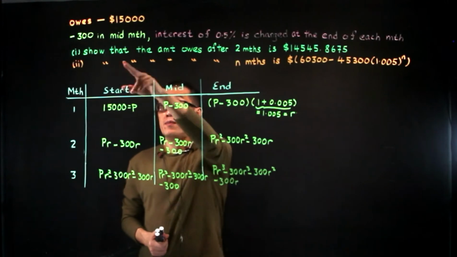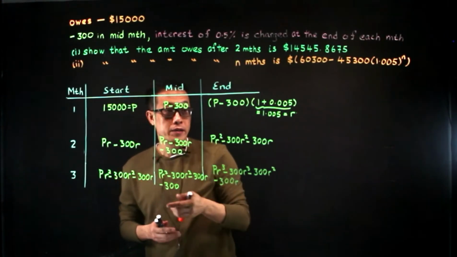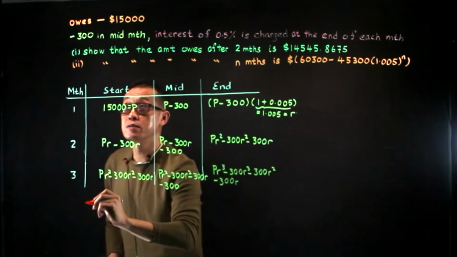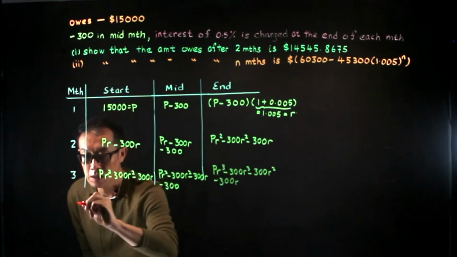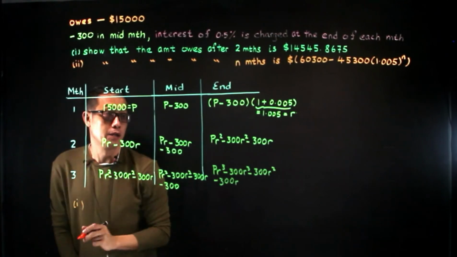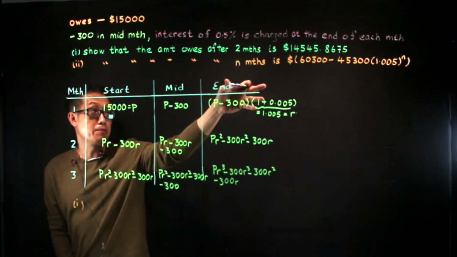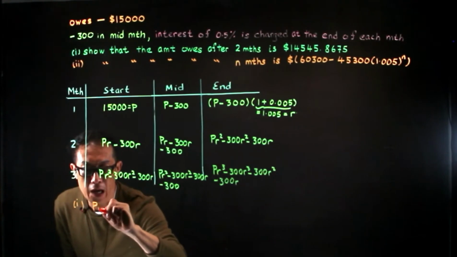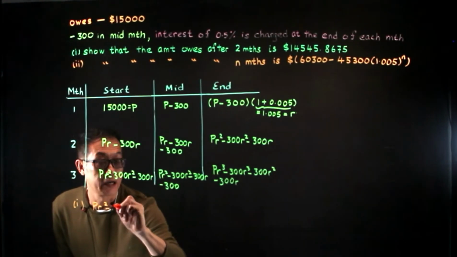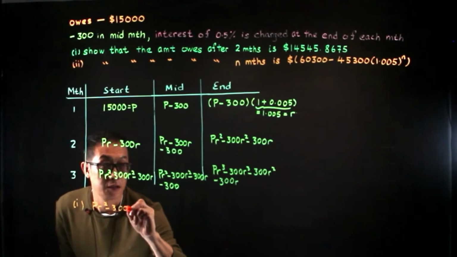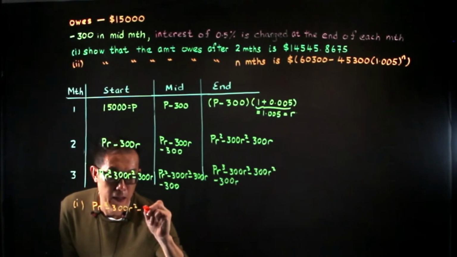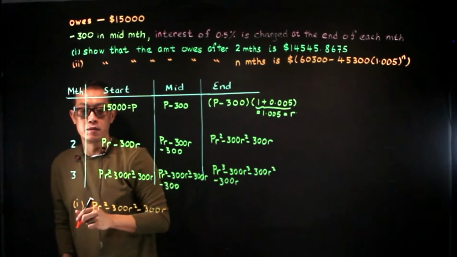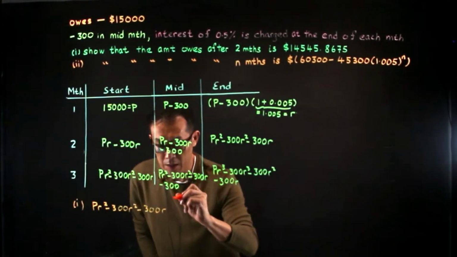Now let's try to do part 1. It shows that after the second month, that is the amount: PR squared minus 300R squared minus 300R. Now what will you get?